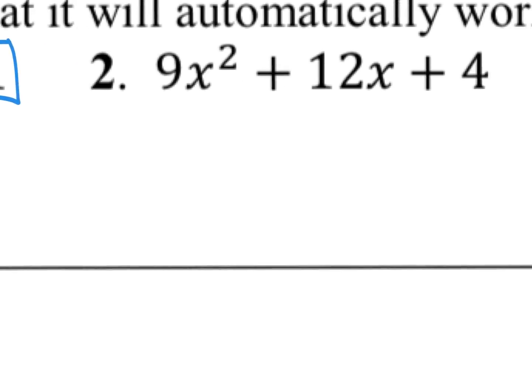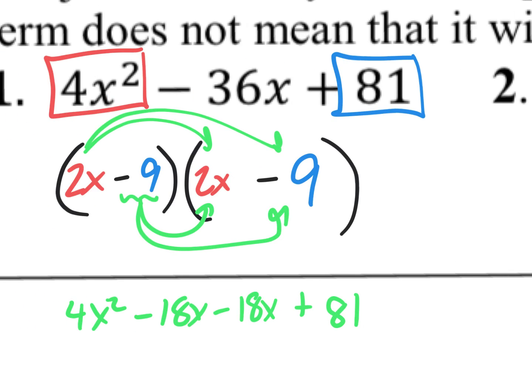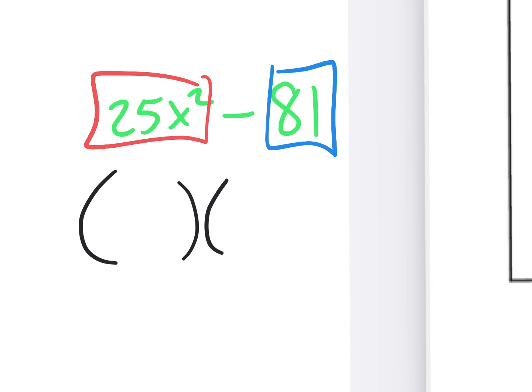Let's try this one right here. You know what? Even before this one, you might have a perfect square term like 25x squared minus, let's say, 81. You don't even have 3 terms here. But you do have a perfect square term in the front and a perfect square term in the back. So what is the square root of 25x squared? 5x.